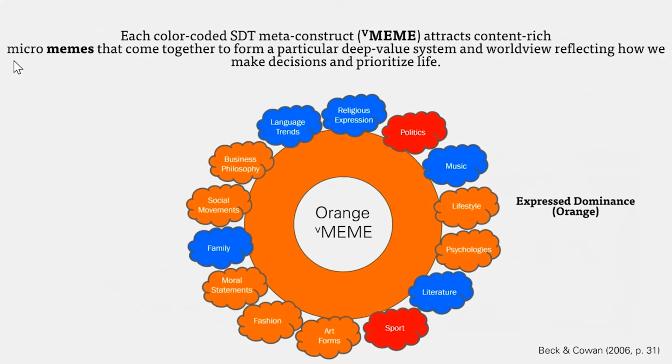So this person might dominantly present as orange, but they have these kind of mini memes that inform its larger dominant presentation. So one could be red in their orientation for politics, but may be very blue in their orientation for family and life.